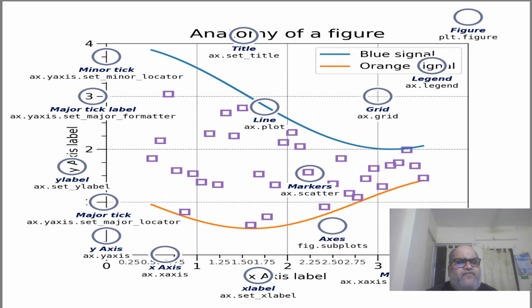Then on the y-axis you may see a label. This is the field y label. This is the field that will be shown as an annotation on what is there in your figure on the y level. Similar thing you can see on the x-axis with the name x label.